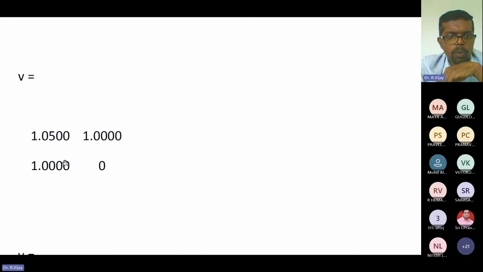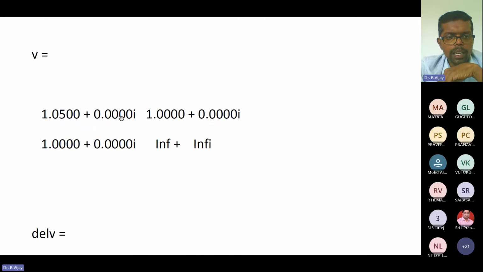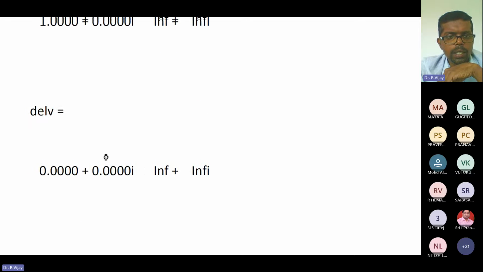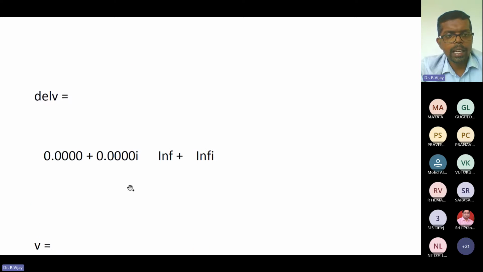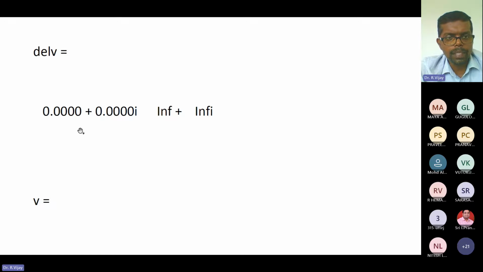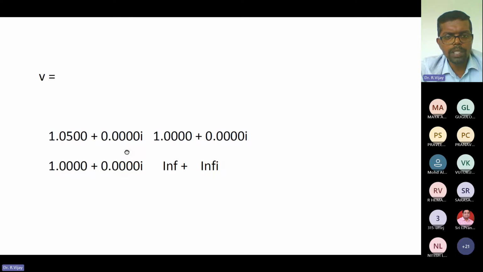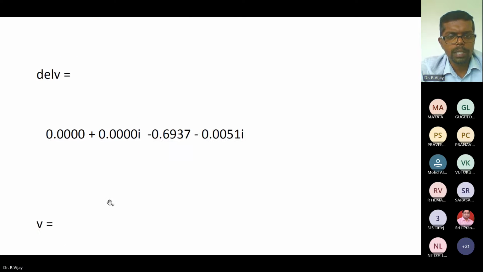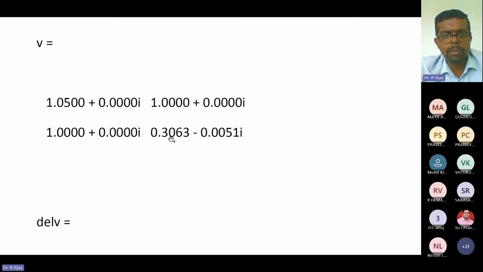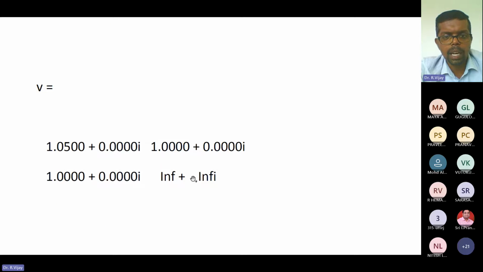1.05, 1, that value here, and the change in the voltage for the first iteration, second iteration. Then the change in the voltage you are also able to display in the matrix format. So here it is in the matrix format. That's why this part you are not getting as an infinity value.